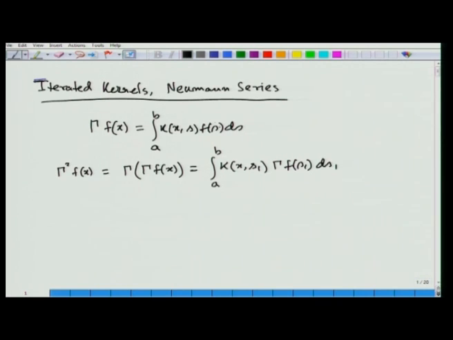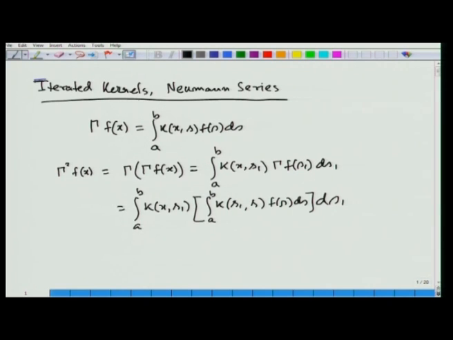So, here this f(s) is replaced by Gamma f(s1), and we have considered this dummy variable as s1 in order to define the integral operator Gamma on Gamma f(x), and then using the definition for Gamma f(s1) we can write integral a to b k(x, s1), then integral a to b k(s1, s) f(s) ds, then ds1.